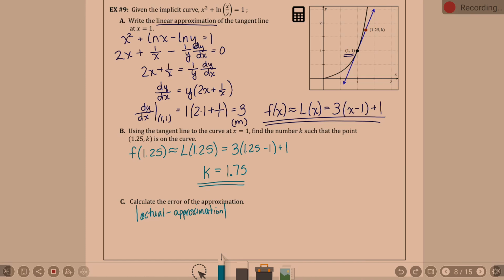That's the L of 1.25. What we don't have is the actual. I was just looking to see if there's an easy way. She didn't give us that information on the graph, did she? So I don't have that.